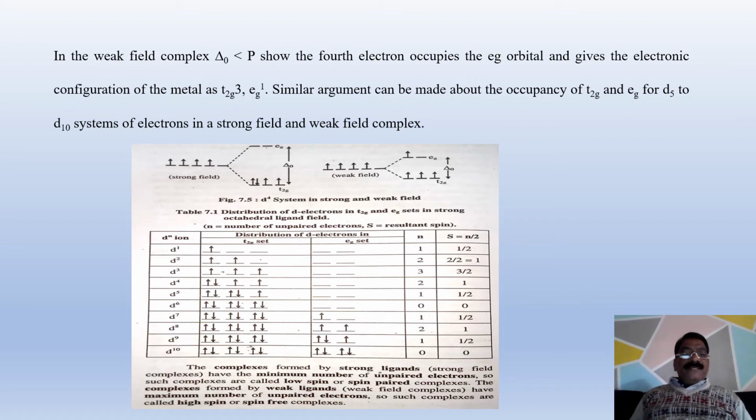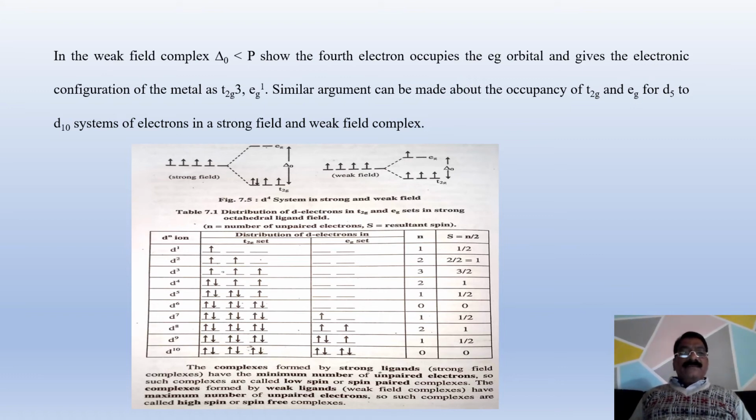See here the d1, d2 and d3 systems. There is a similar arrangement. For the d4 system, in the strong field, the electron gets paired and there are 2 unpaired electrons. For the d5 system, again there are 2 pairs and 1 single electron.